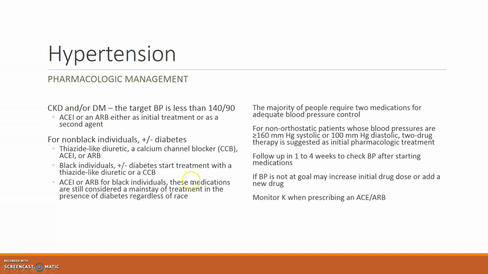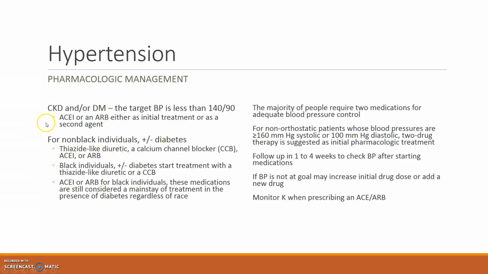Then the pharmacologic management. With chronic kidney disease and/or diabetes, the blood pressure target is slightly less, and you want to look at using an ACE inhibitor, an ARB, or alpha receptor blocker as initial treatment. And then look at the nuances for non-black individuals plus or minus diabetes.